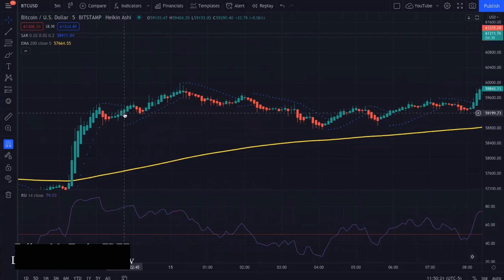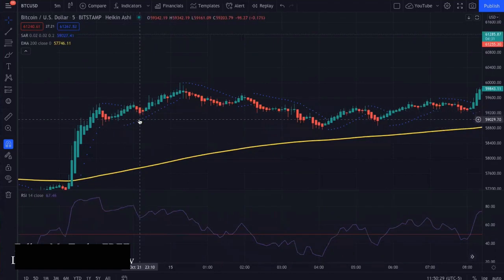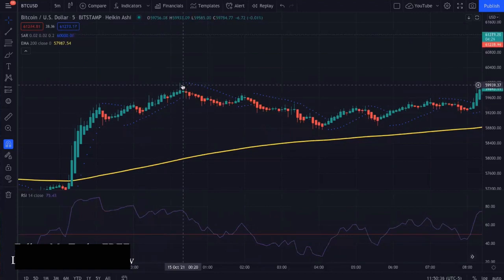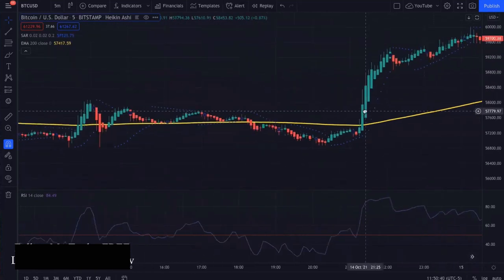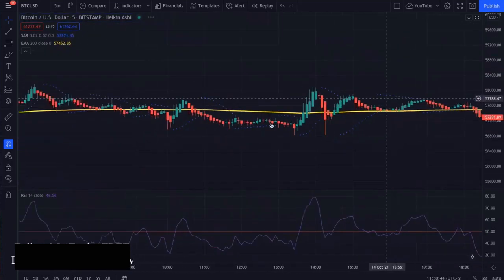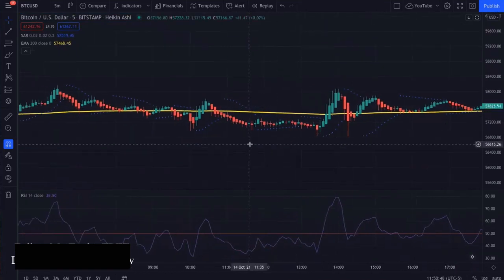When this closes and the parabolic SAR is below, you get in, and some people would say get out right here, but the parabolic SAR is still below. It's still telling you it's got momentum, and you ride it up. When it shifts over, you get out. It can't get any simpler than this, guys, right? So as you can see, these kind of situations happen all the time.